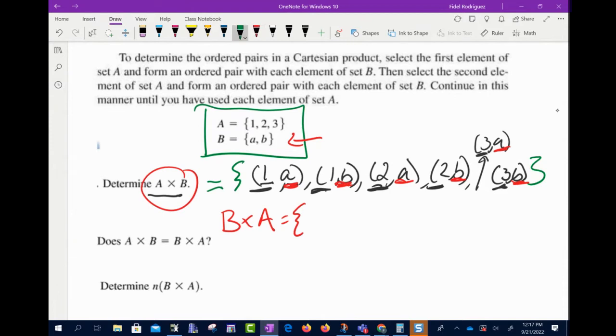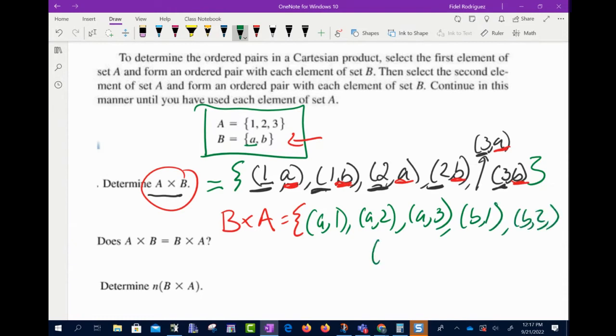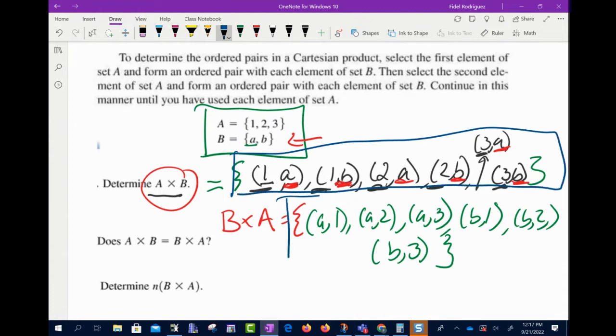Now, y'all, when I make my sets, the first spots are going to be letters in B. So look, I'm going to go A1 and A2 and A3, and then I'm going to do the same thing for the next part: B1, B2, and B3, okay?